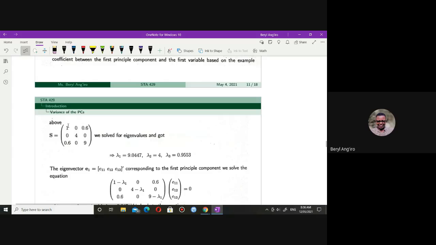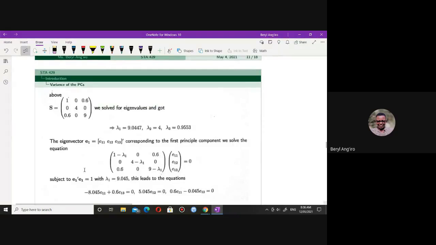So for this example, we had already calculated the eigenvalues and the eigenvectors. So lambda 1 is 9.044447, lambda 2 is 4, and lambda 3 is 0.955553. Then we also calculated the vector e1 with components e11, e12, and e13.